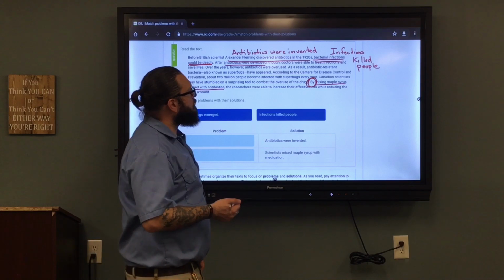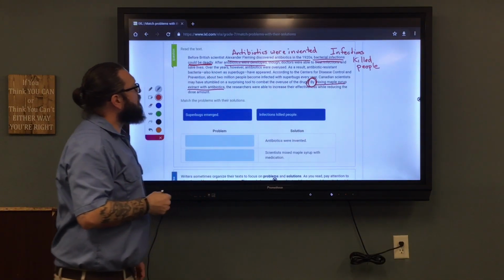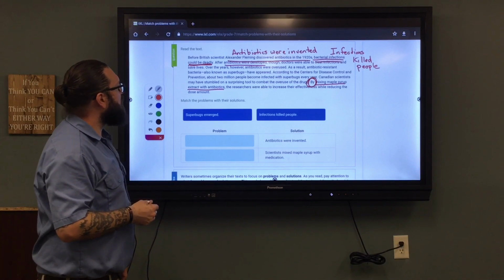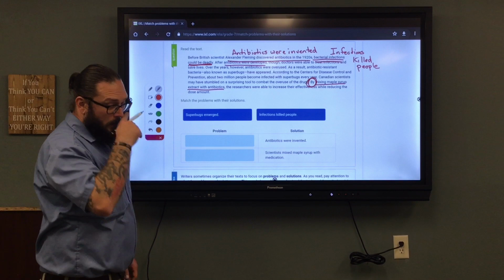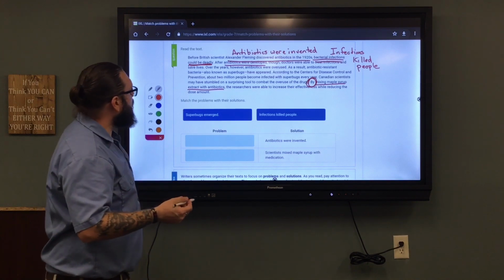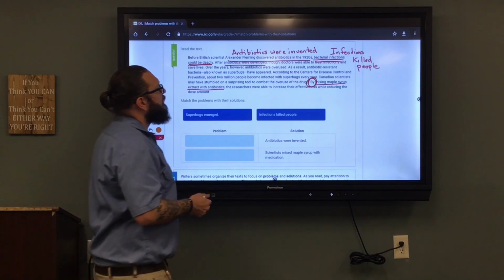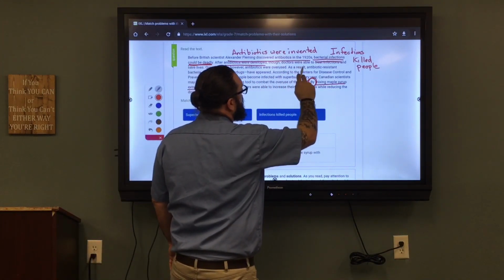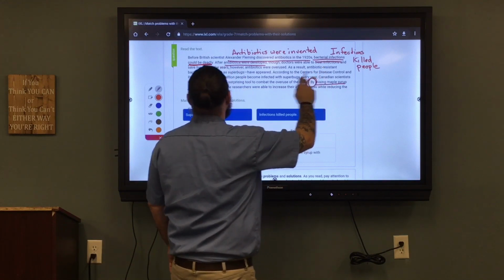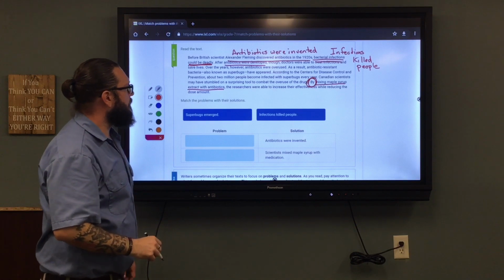According to the Centers for Disease Control and Prevention, about 2 million people become infected with superbugs every year. Okay, so we know they're talking about superbugs. Let's see if we can go a little earlier. As a result, so antibiotics were overused. As a result, antibiotic-resistant bacteria, also known as superbugs, have emerged.